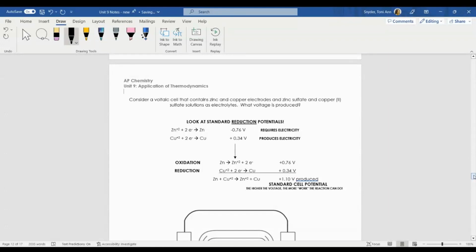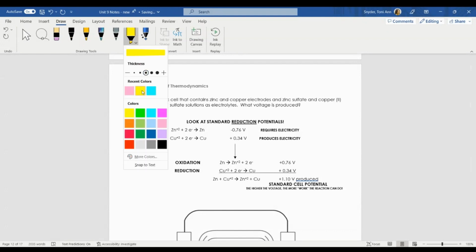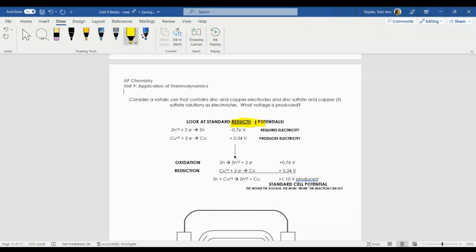As we progress through this unit, we're going to find that we are given standard reduction potentials, and that reduction part is important because you are always going to be given the amount of electricity that is either required or is produced when that particular ion gets reduced.